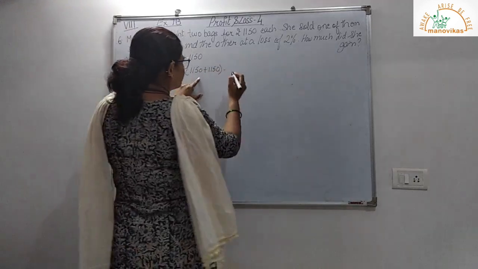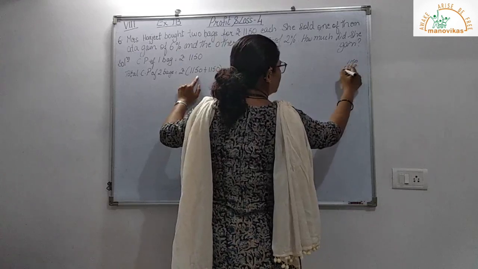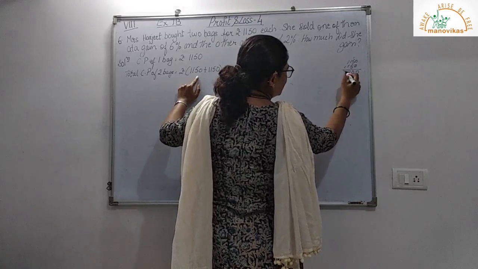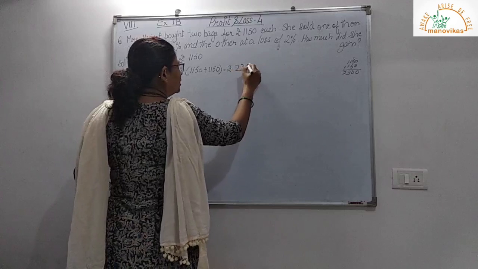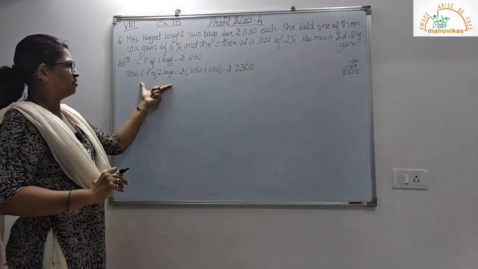So this comes to 0, 0, 3, 2. We get rupees 2300. So this is the total cost price we have got.